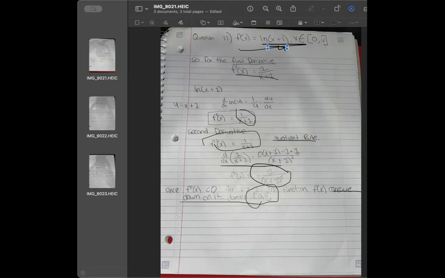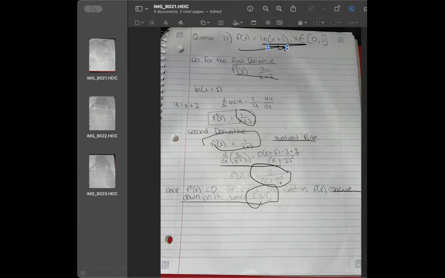So for the second derivative, I ended up using the quotient rule, plugging everything into the formula, and I ended up getting -1 over (x plus 1) squared, which is always negative.